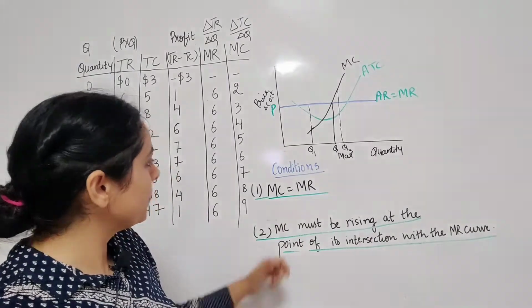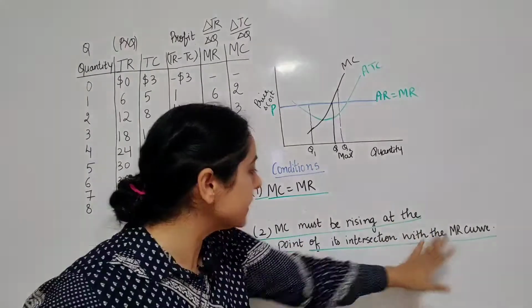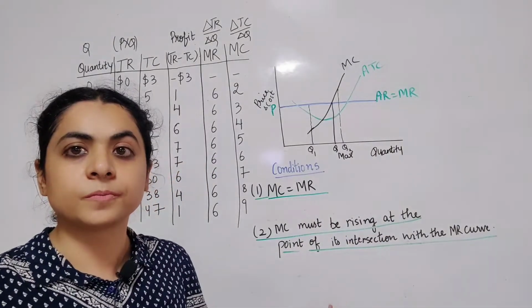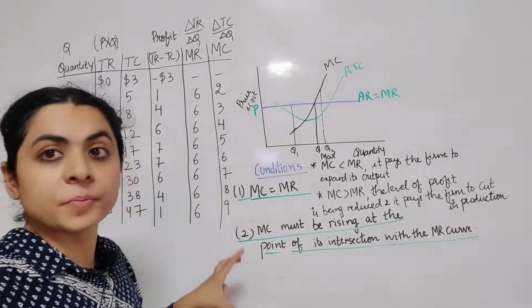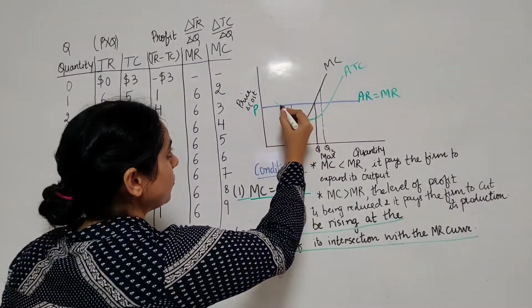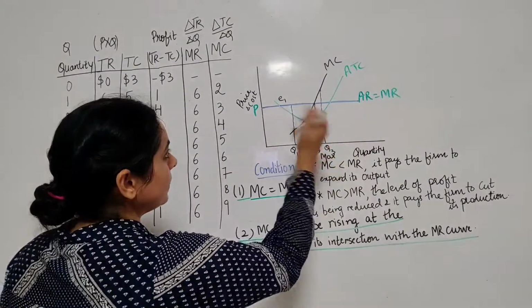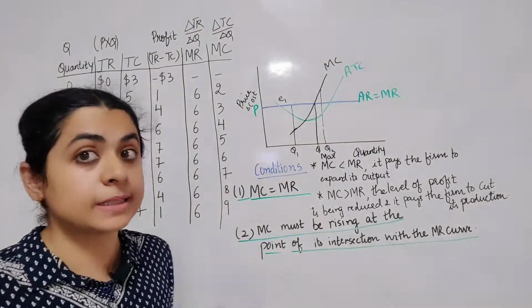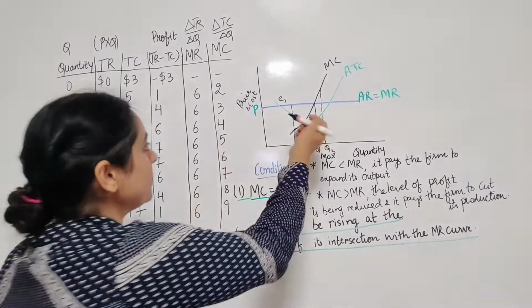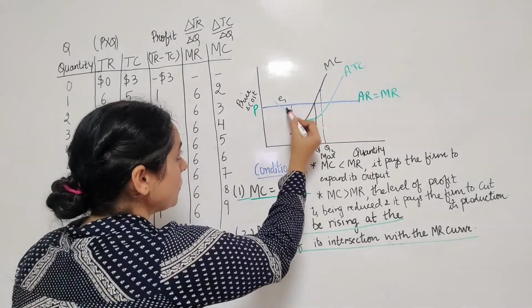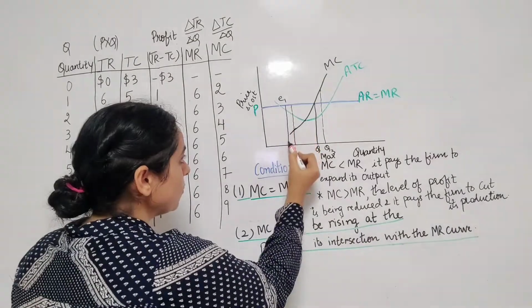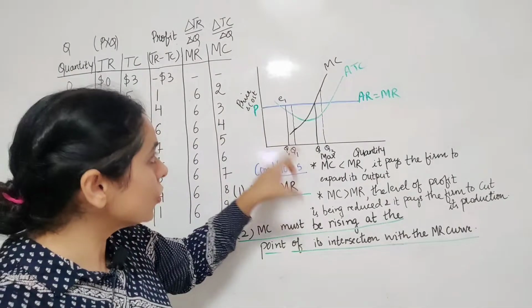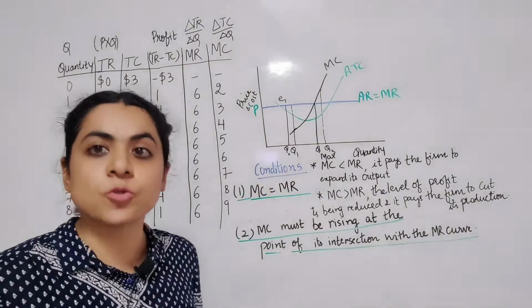The second condition is that marginal cost must be rising at the point of its intersection with the marginal revenue curve. Now, if you look at this diagram, even at this point, let's say at point E1, marginal cost and marginal revenue are equal to each other. The first condition is satisfied, but if the firm expands its output, the addition to revenue is greater than the addition to cost.